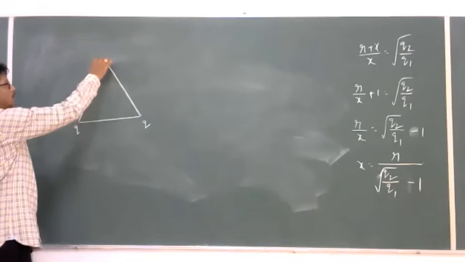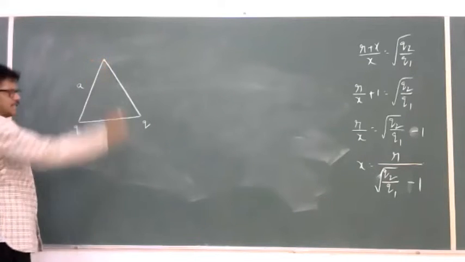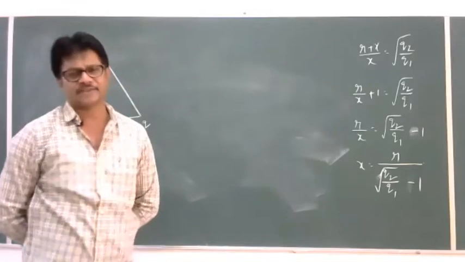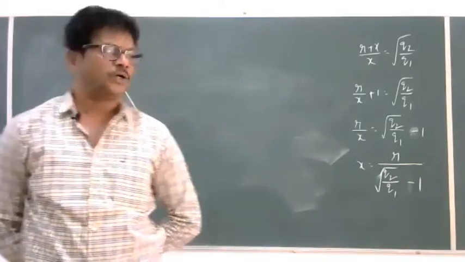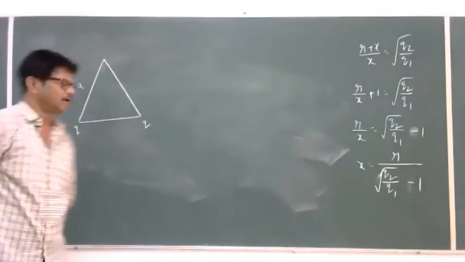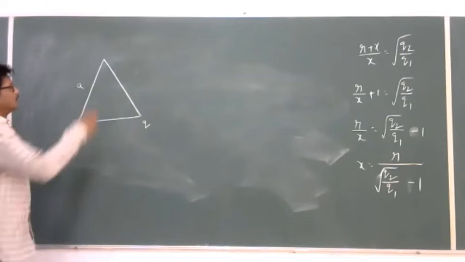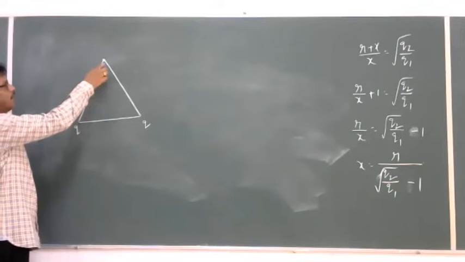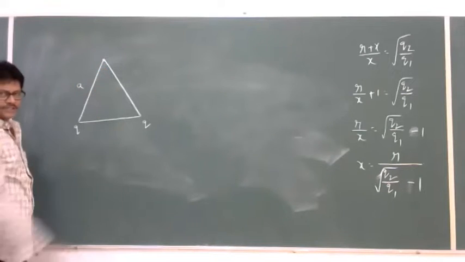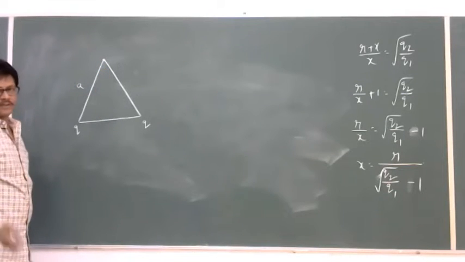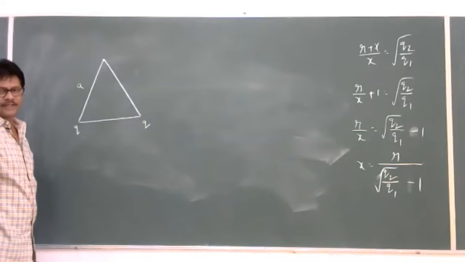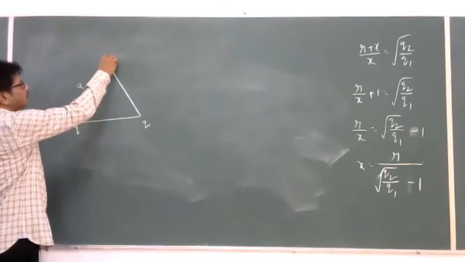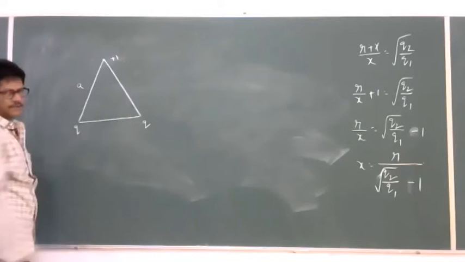Then what will be the resultant electric intensity at the third vertex? So at this point, I would like to find the resultant electric intensity. Wherever you want to find the electric intensity, there we need to imagine one unit positive charge. Very good.